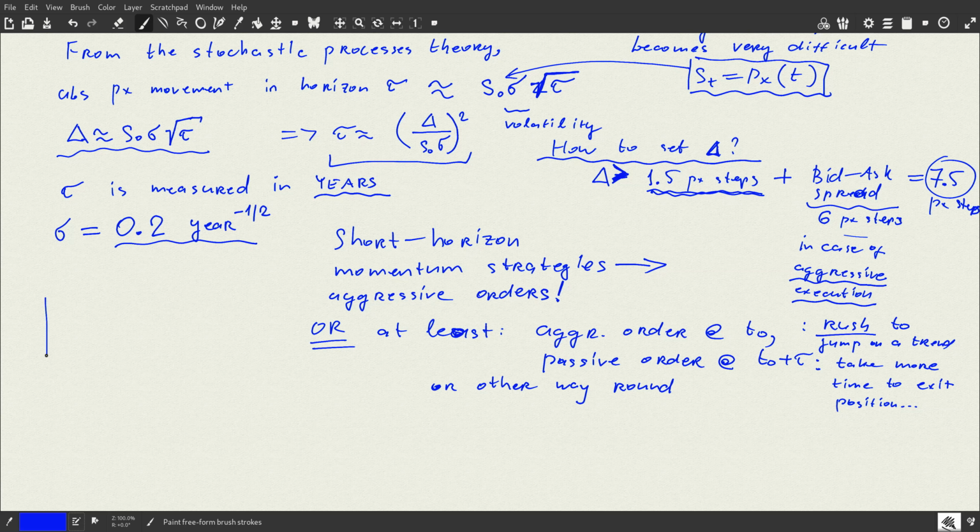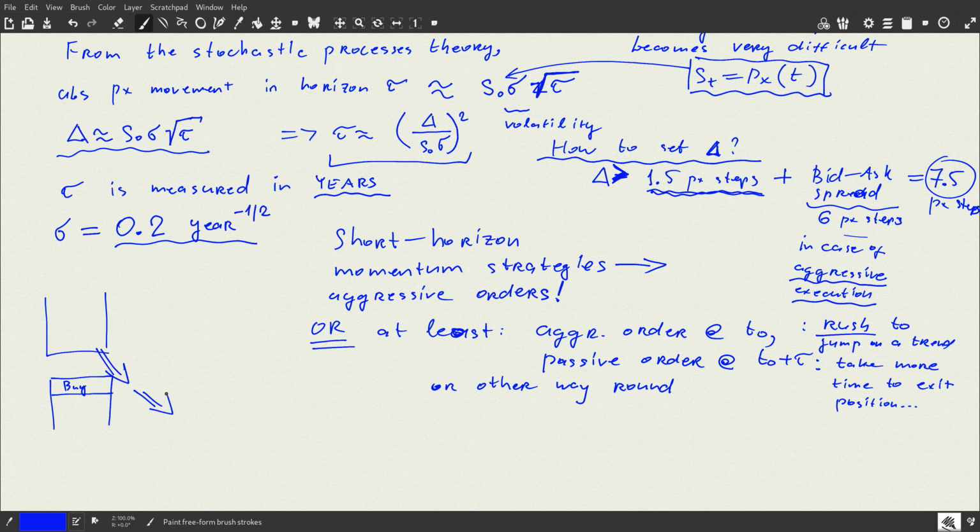So basically, in the order book, you placed your passive order to buy here, and this order is going to be filled when a micro trend in the opposite direction starts. So people are starting aggressively selling, which means that your order is filled, but the price is going down.